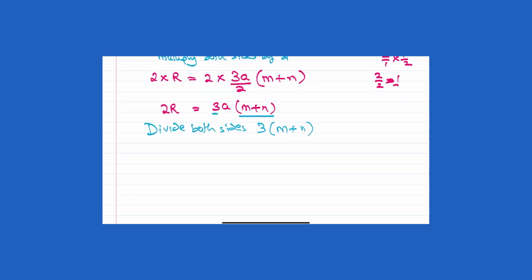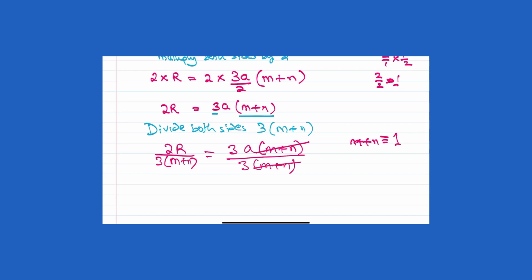So we are going to have 2r over 3 × (m + n) is equal to 3a (m + n) over 3 (m + n). And you see (m + n) is treated as one variable, just like alphabet A, alphabet B, that's how we treat them.